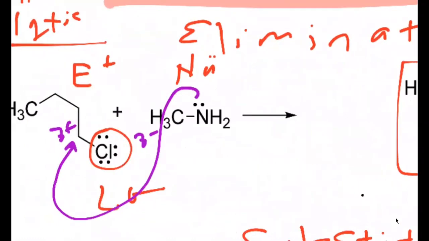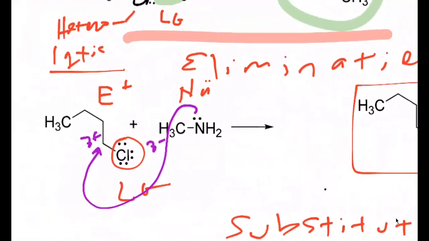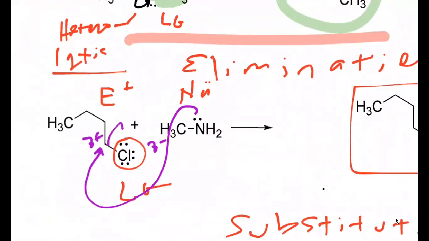All right, here we go. So I got to break this carbon chlorine bond, like so. Notice where I started my arrow. My arrow starts at the bond, because those electrons in that bond are leaving with chlorine. So I have to put the arrow there, and I end it on chlorine because chlorine is going to receive that pair of electrons.